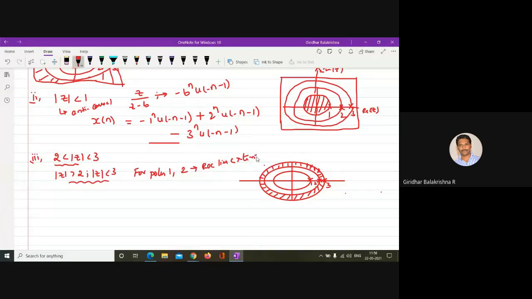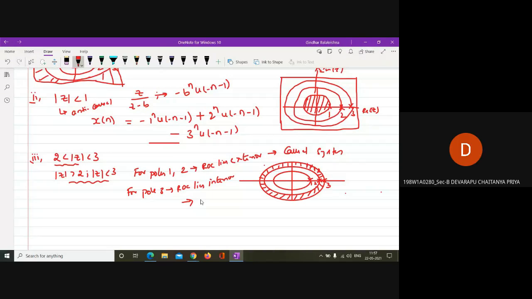Then for poles 1 and 2 the ROC is exterior, which system is it? Causal system. Okay. Next, for pole 3 the ROC lies interior, interior to the circle. So this is which system? Anti-causal system.